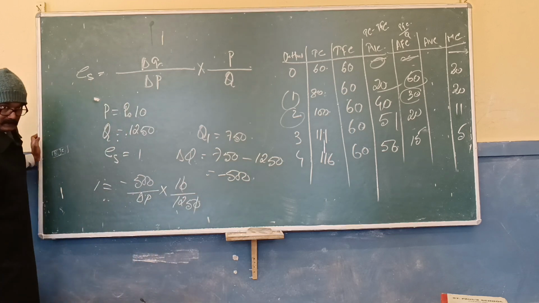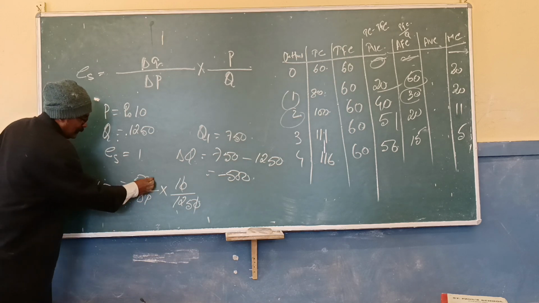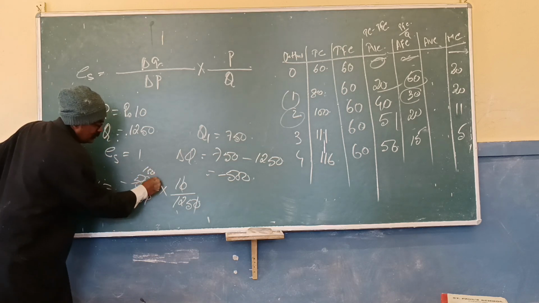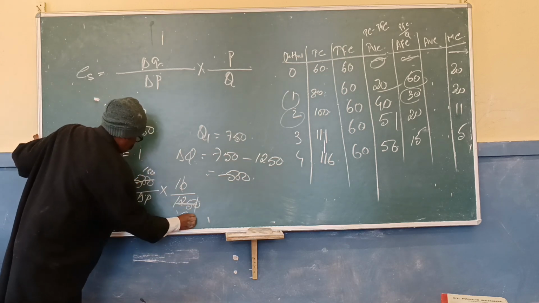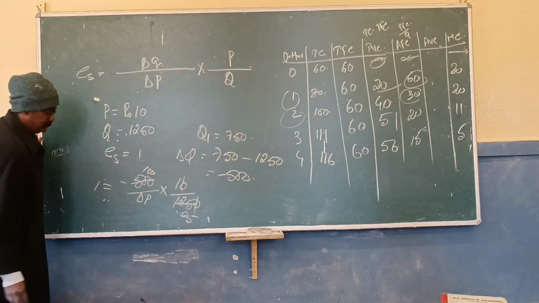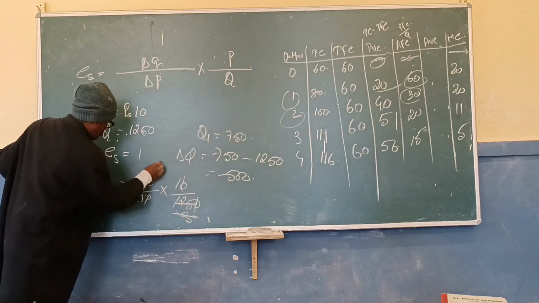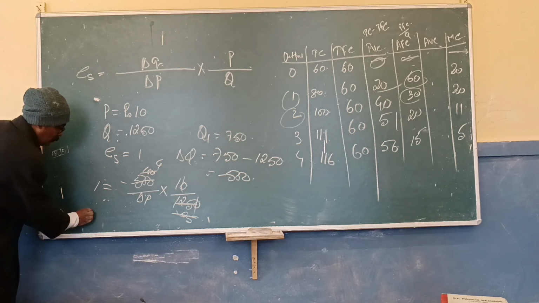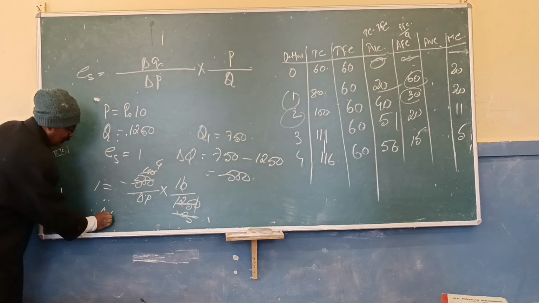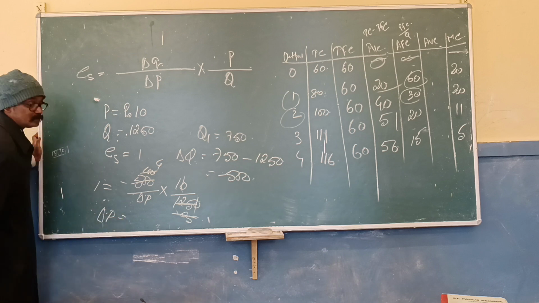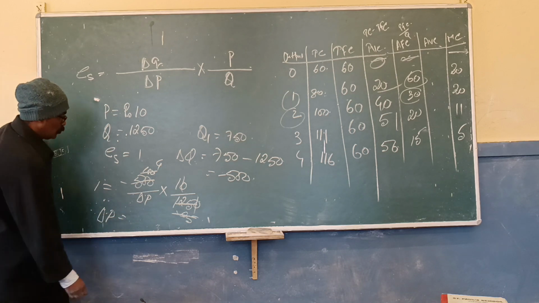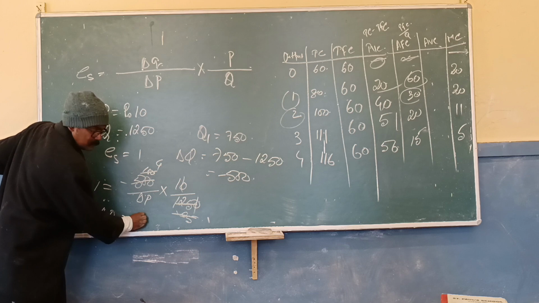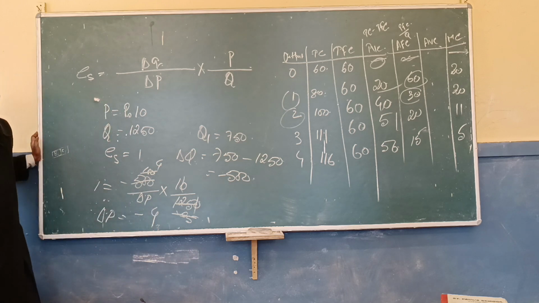The 0 gets cancelled. By 5, this will be 100, and this will be 25. 25 by 4. Therefore, delta P will be equal to minus 4. Is it okay? Have you understood this one?